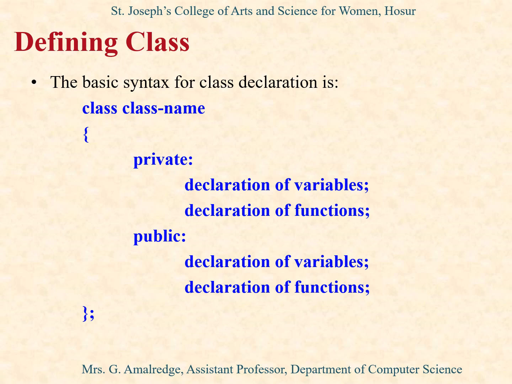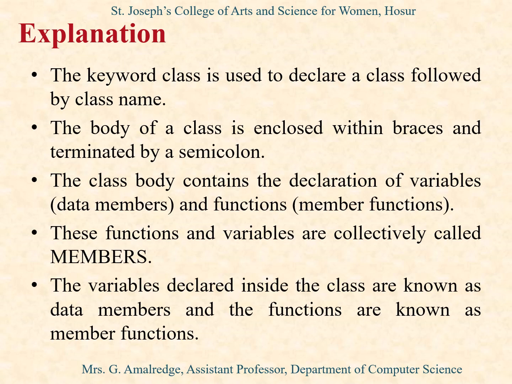This is the syntax for class declaration: class name, and declaration of private variables and functions. After that, declaration of public variables and functions. Here is the explanation of the syntax of class declaration.